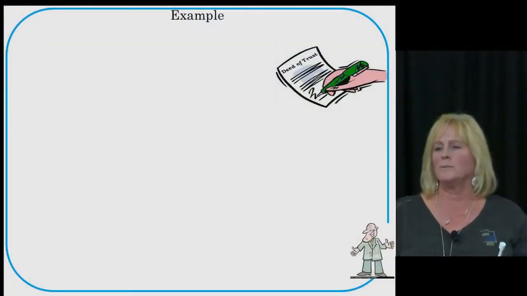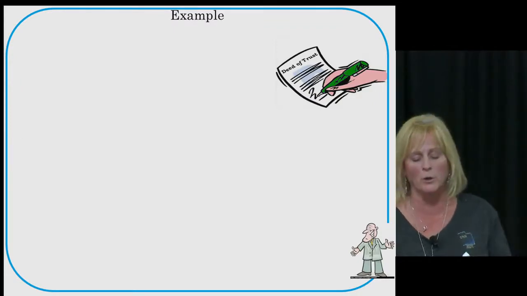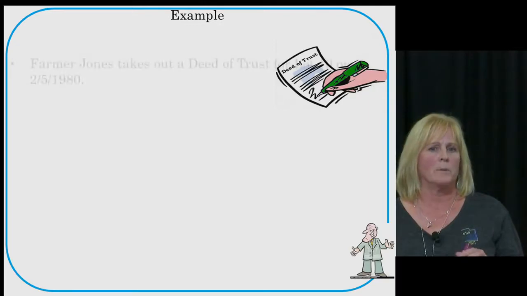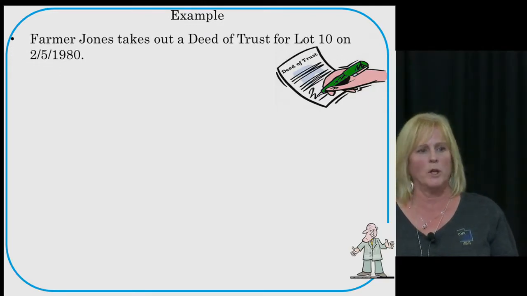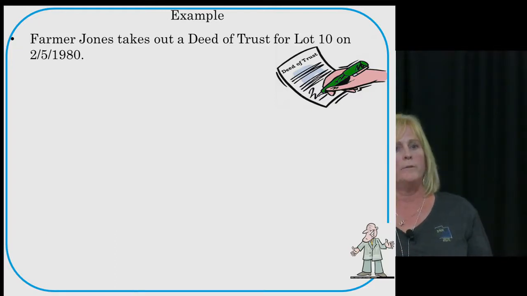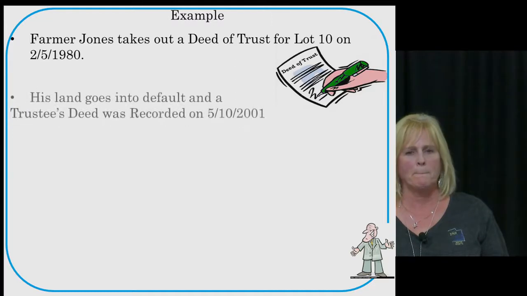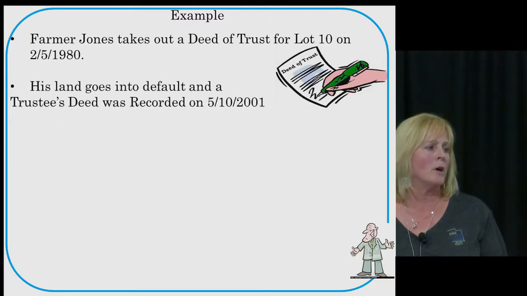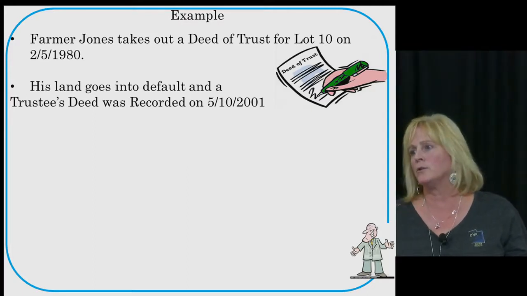Now I'm going to throw you a little curveball. A lot of times the professionals, you guys, are dealing with defaults or foreclosures. So, for example, Farmer Jones has a deed of trust for Lot 10 on February 5th, 1980. His land goes into default, and a trustee's deed is recorded on May 10th, 2001.